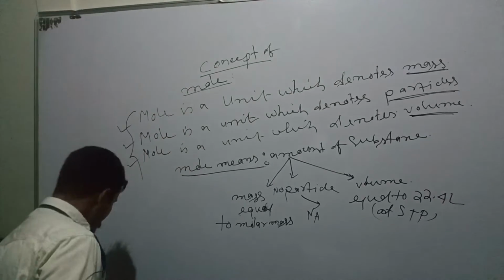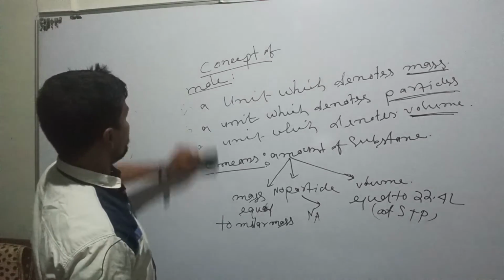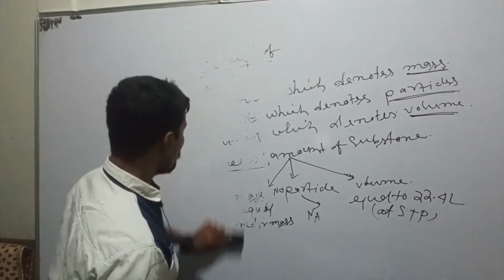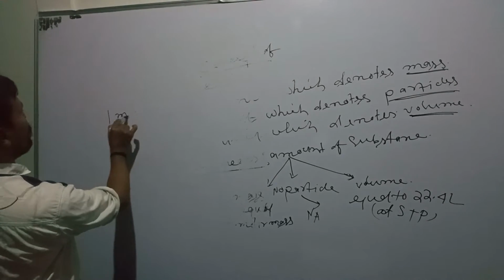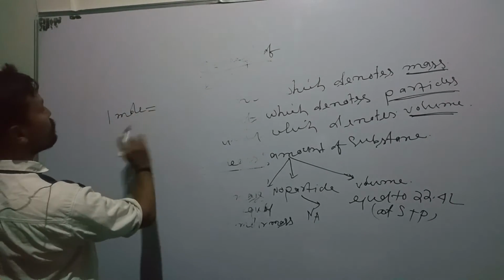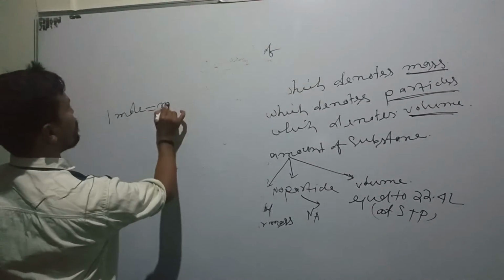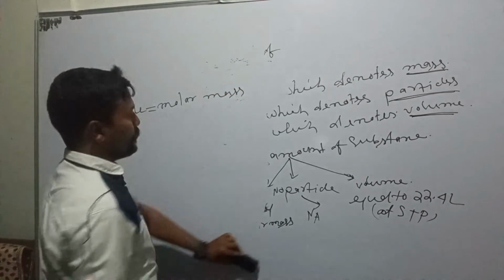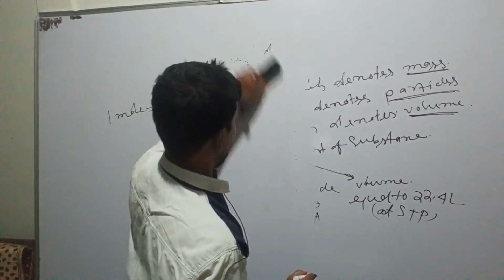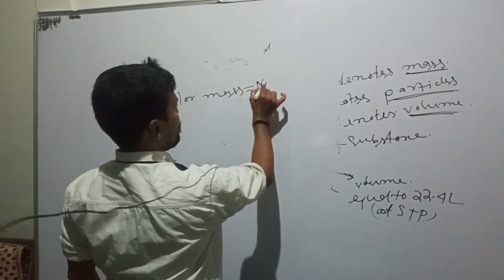So we can say that 1 mole is equal to molar mass, which is equal to Avogadro number.